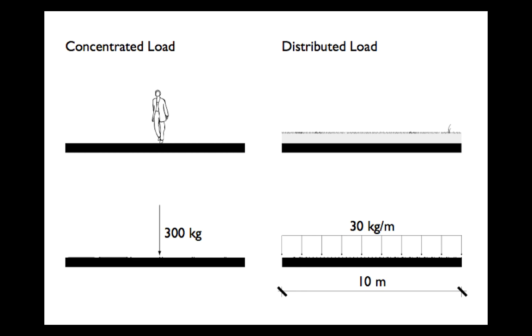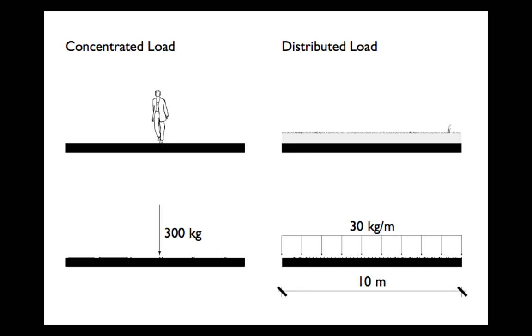And we'll talk a lot about how we simulate these, how we model them mathematically, and the different ways that we add them up. For the moment, just think about things like an individual person we think of as a concentrated load, where our load is spread out over our feet, but in structural terms, that's relatively small. Something like a chair or a light fixture, even some small pieces of furniture we would think of as a concentrated load.